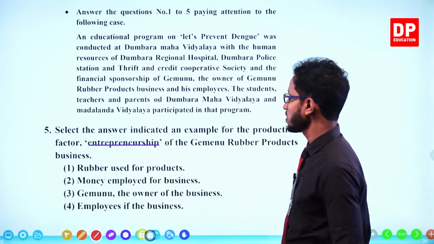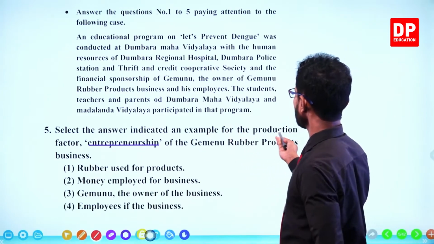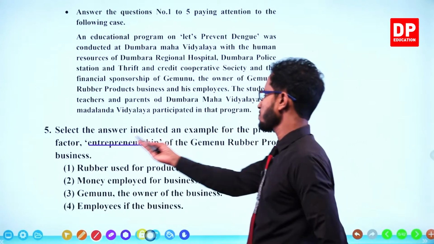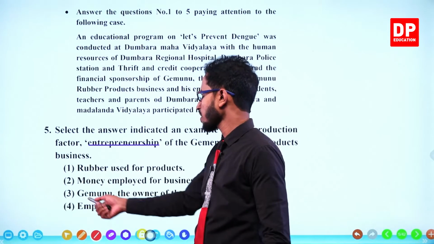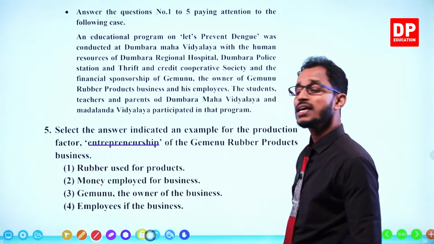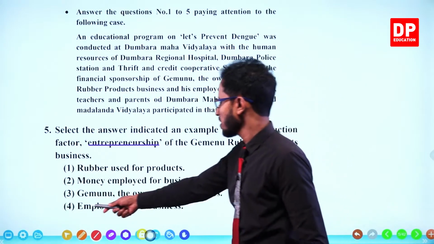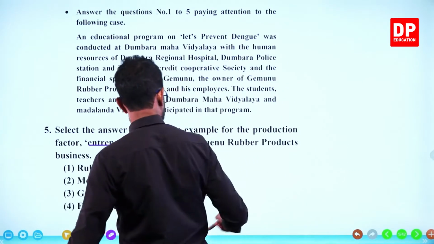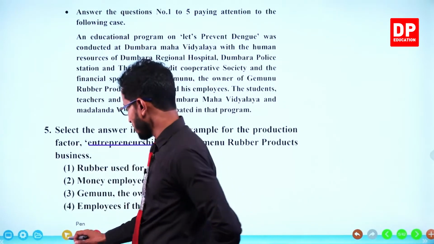Answer which indicates an example for the production factor, entrepreneurship, of Gamunu Rubber Products. Rubber used for production, that's land. Money employed for business, that's capital.